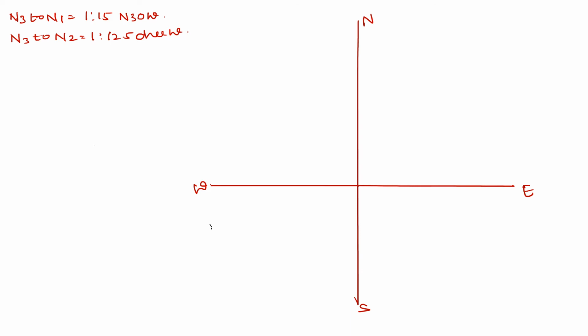It comes around like this. Here we are drawing N2 to N3, and this point 1:15 I am marking. Just a second, this line should be a bit more on the upper right because it is 30 degrees, no?